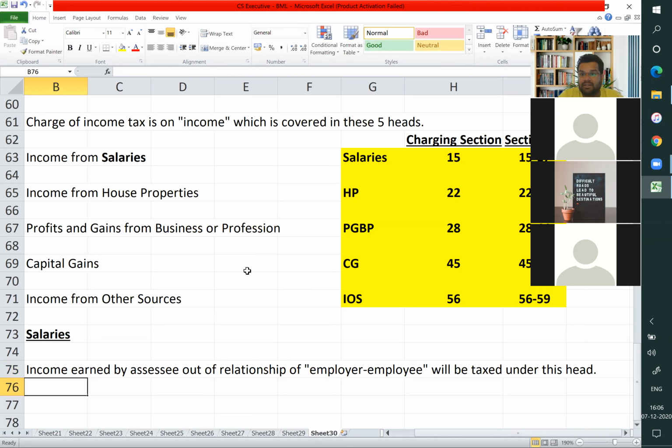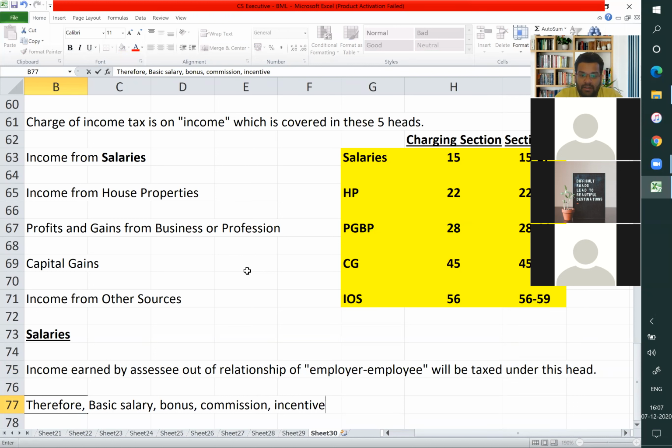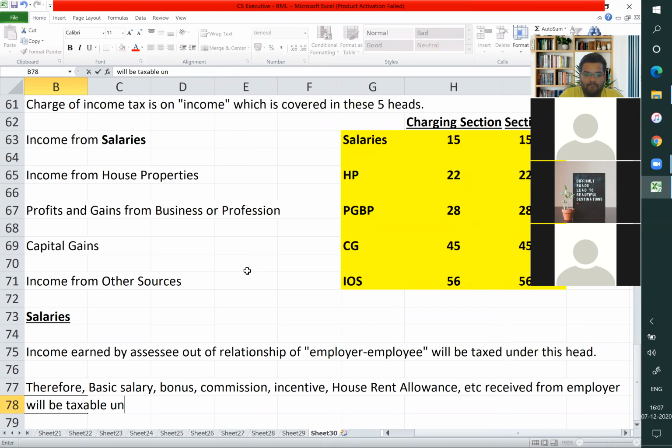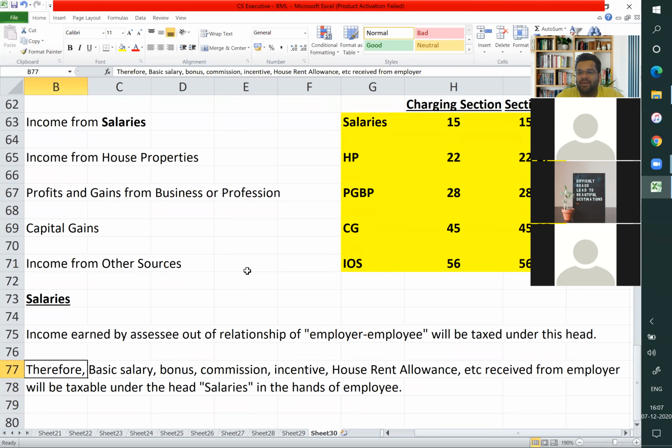Did you get it? So basically, therefore, basic salary, bonus, commission, incentive, specific types of allowances, etc., earned by an employee from an employer will be taxable under the head of salaries.